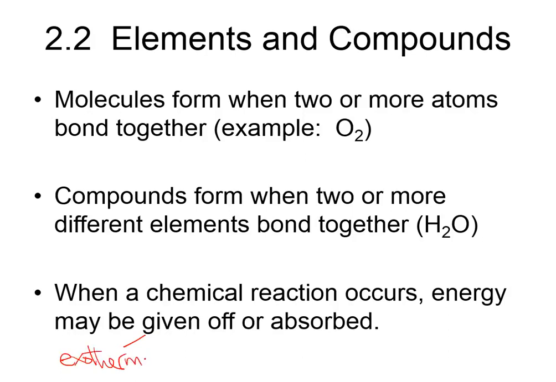A chemical reaction that gives off energy is known as exothermic. A chemical reaction that absorbs energy or that takes in energy is known as endothermic. So please write down the definitions for these. Exothermic gives off energy. Endothermic absorbs energy.